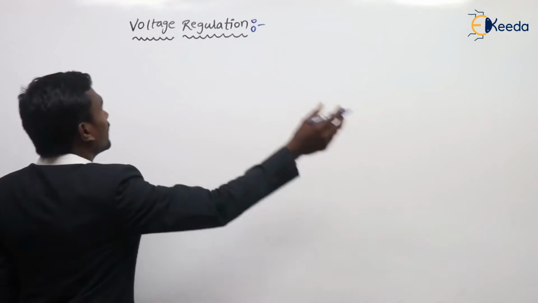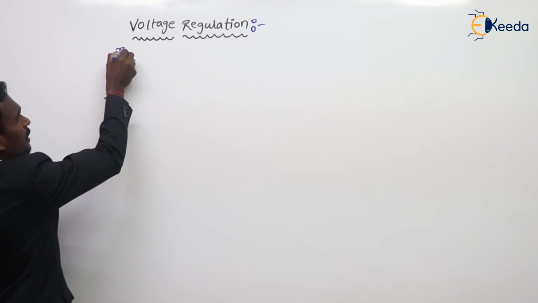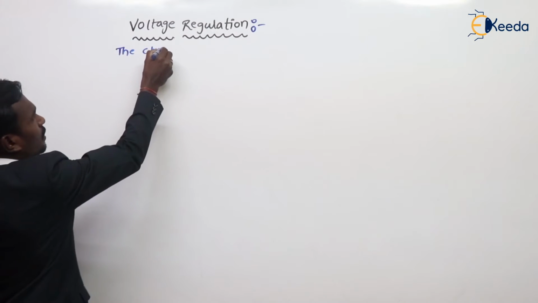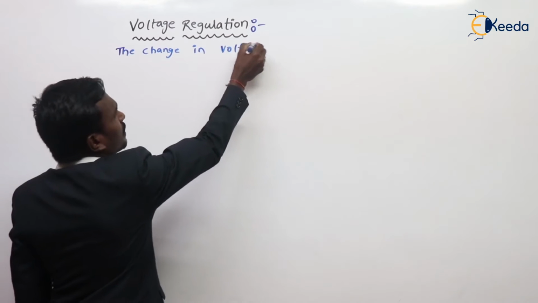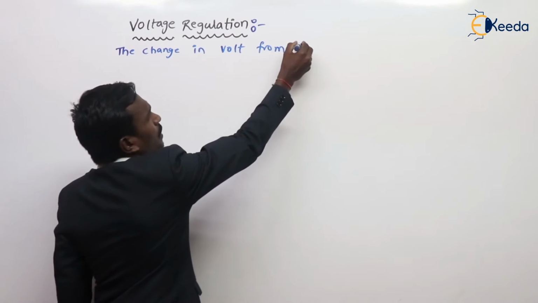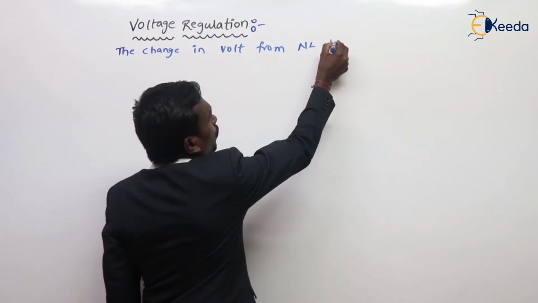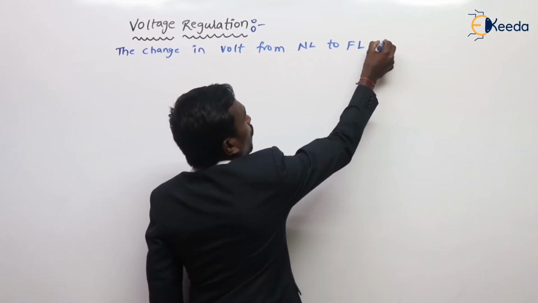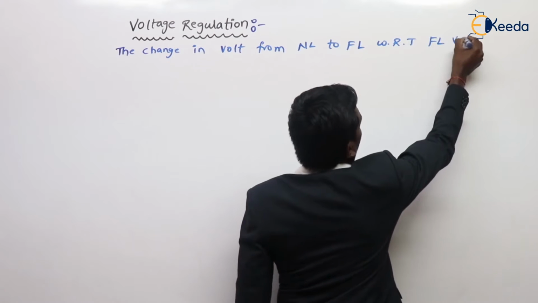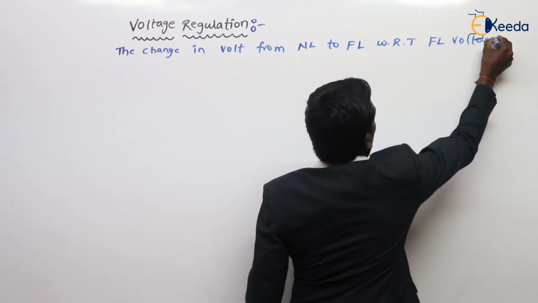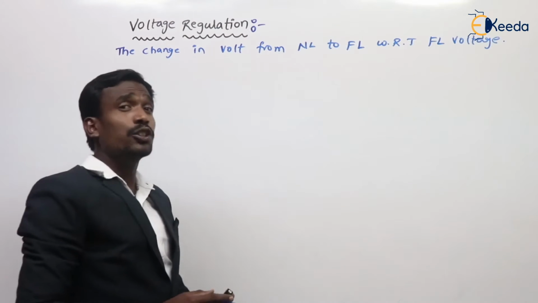Very good. Voltage regulation is nothing but the change in voltage from no load to full load with respect to full load voltage. The change in voltage from where to where?